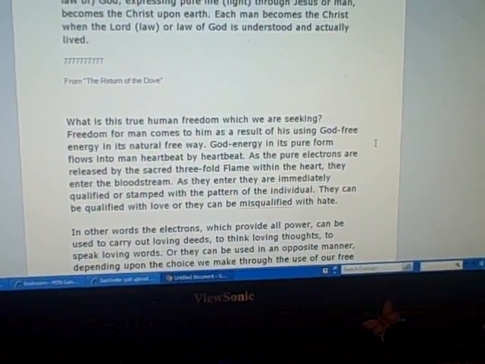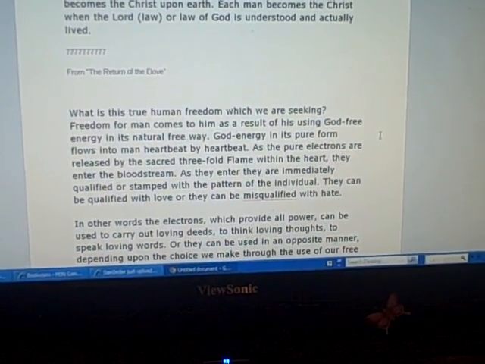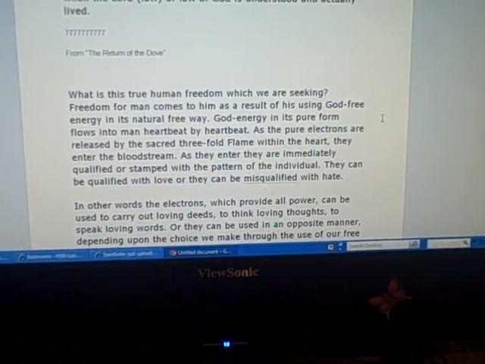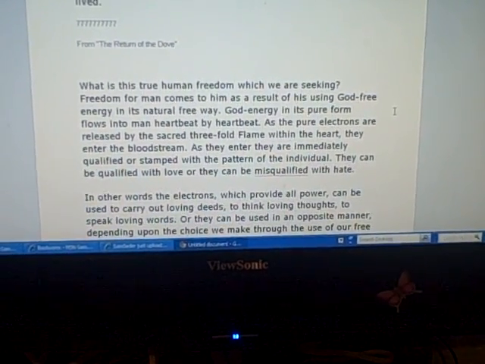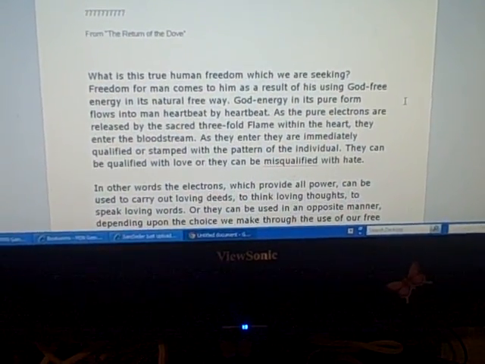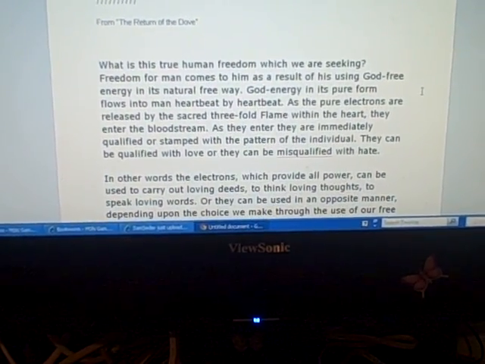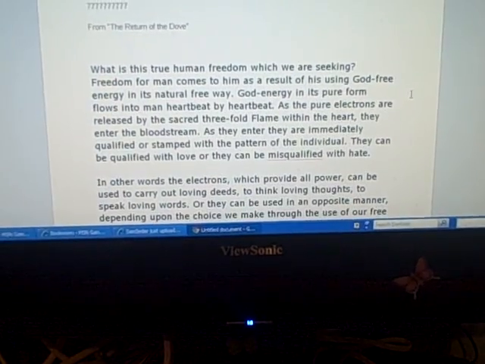What is this true human freedom which we are seeking? Freedom for man comes to him as a result of his using God-free energy in its natural, free way. God energy, in its pure form, flows into man heartbeat by heartbeat.